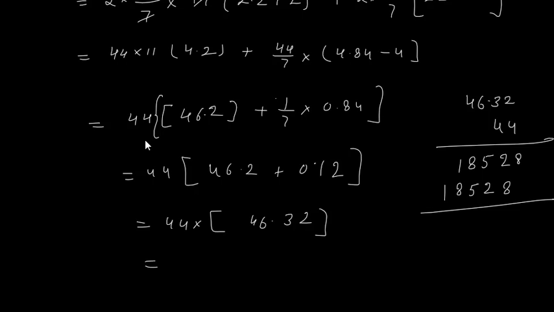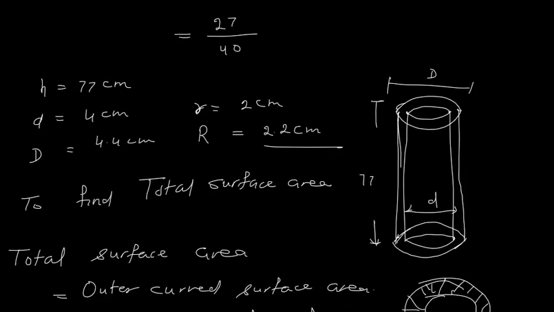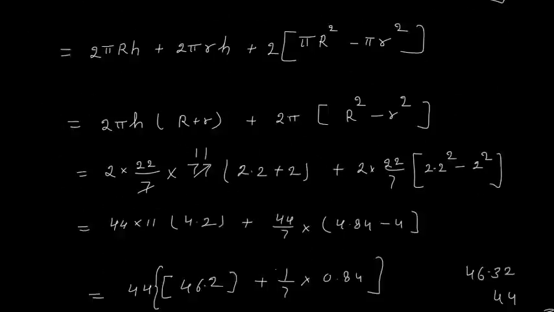This is 8, this is 8 plus 2 is 10, 1 carry, 5 plus 3 is 8, 8 plus 5 is 13, 8 plus 2 is 10, 2038. So this is 2038.08. This is our total surface area.